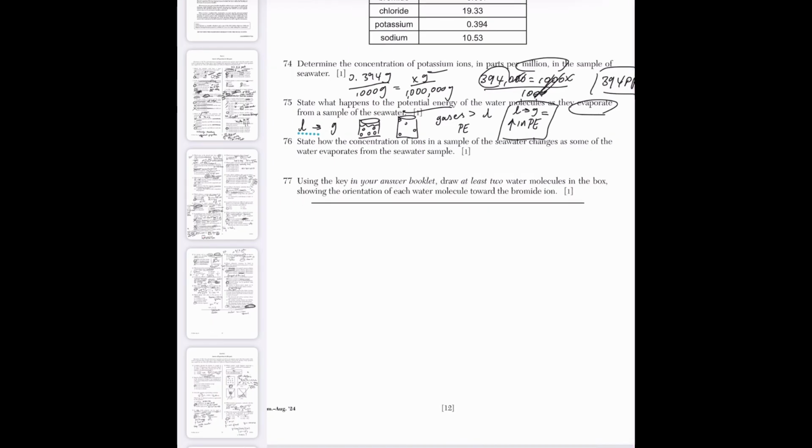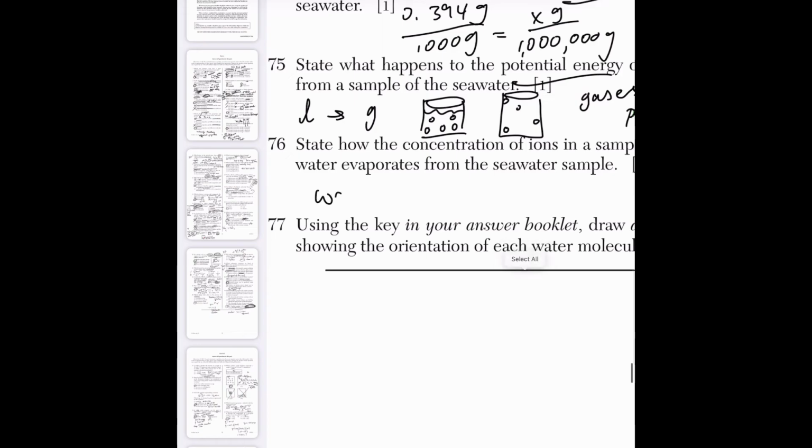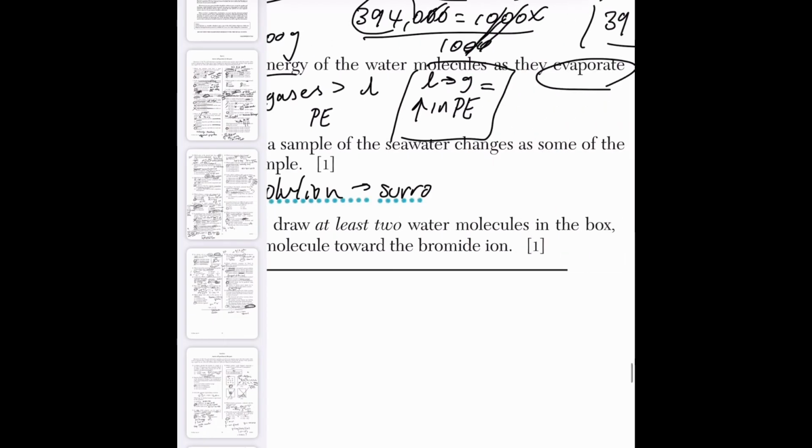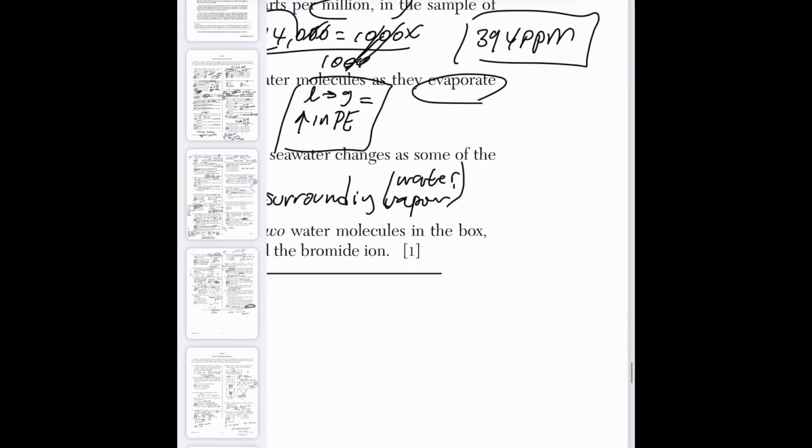State how concentration of ions in a sample of seawater changes as water evaporates. Okay, so if water is evaporating from the solution to the surroundings because it's becoming water vapor, the solution would increase in molarity because there's fewer liters of liquid water.